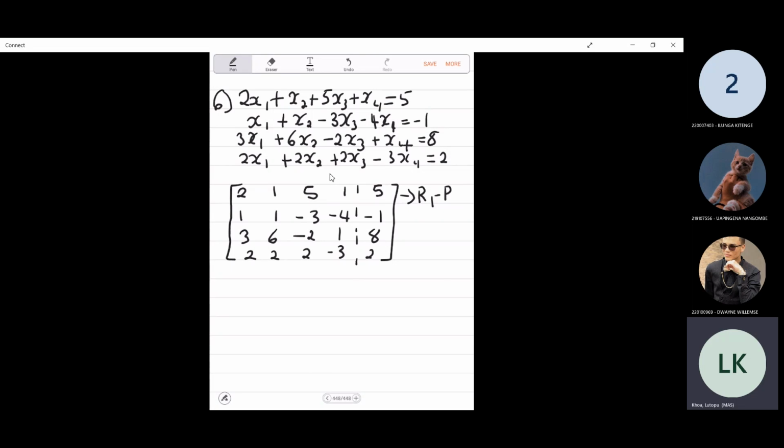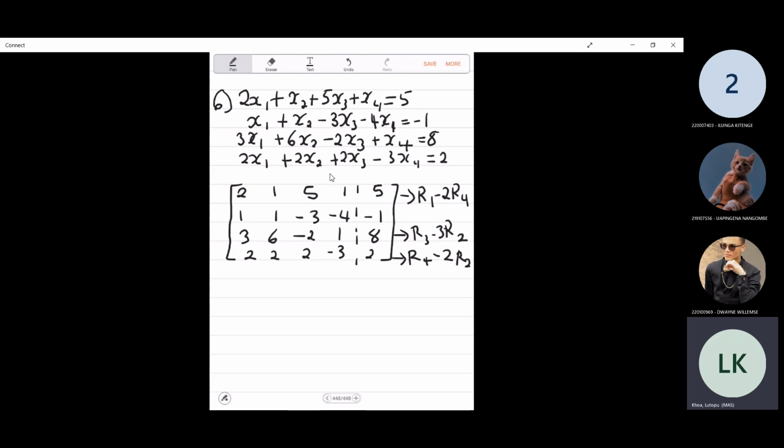So here we can say row 1 minus 2 times row 2, and then row 3 minus 3 times row 2, then row 4 minus 2 times row 2.